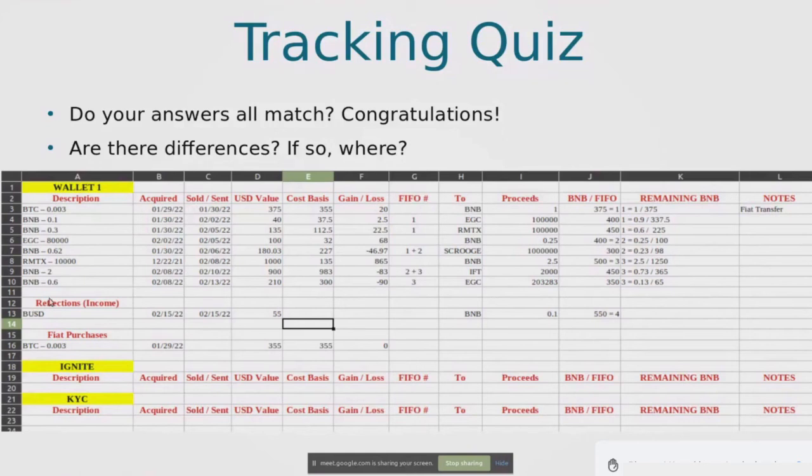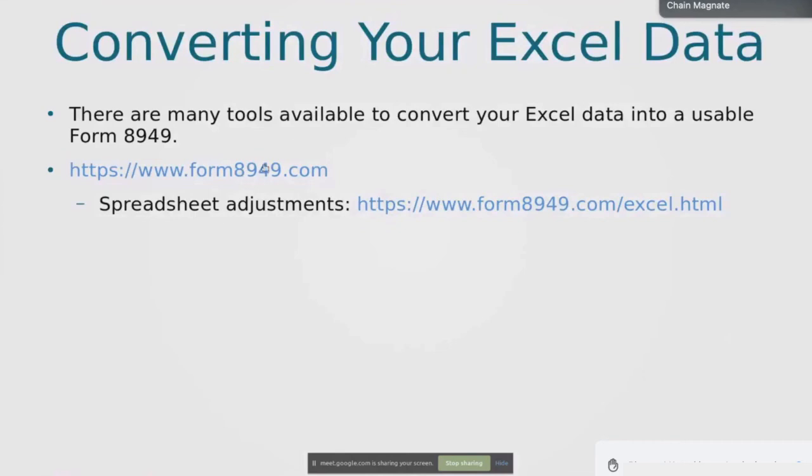So you need to do a little bit of maintenance on your tracking spreadsheet. You would take out all the income and the fiat purchases and cut and paste them into another document, because that income doesn't get reported on Form 8949. So this is going to be really helpful at the end of the year.